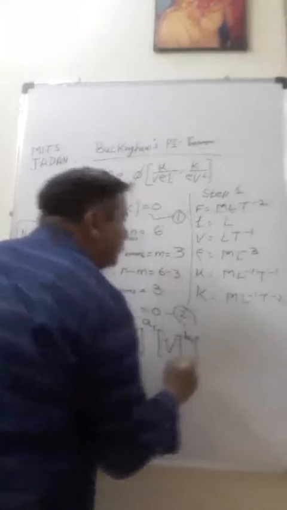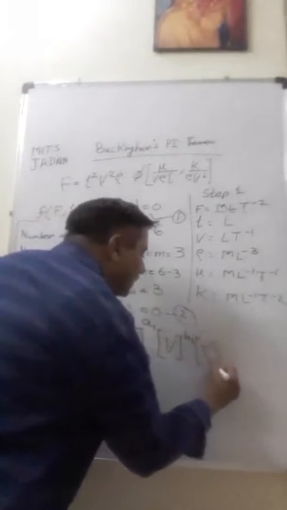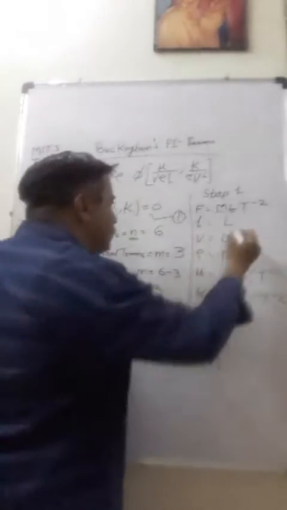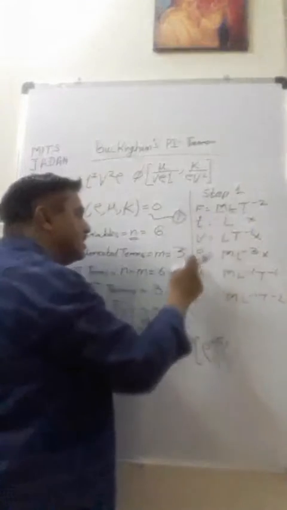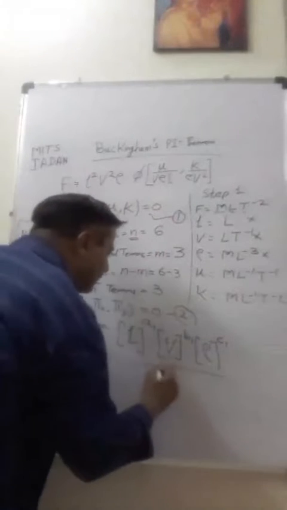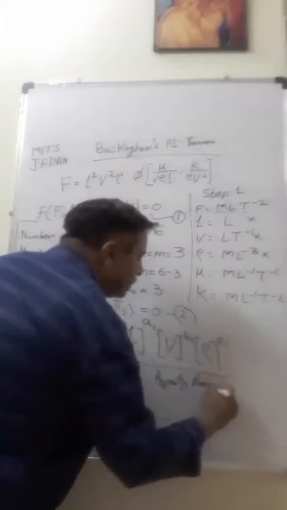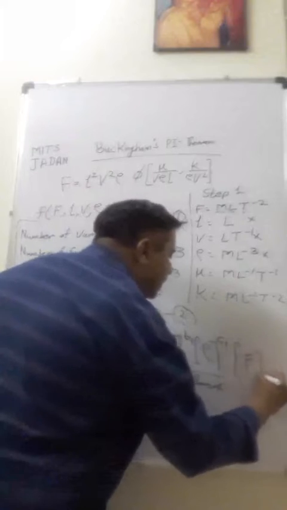Then the third repeating parameter, I am selecting density, rho, because it is a property of fluid, raised to the power C1. And now, since I have already used these, I will have the option of selecting any one out of the remaining three as my non-repeating parameter. These three are the repeating parameters. And now I will select, say, force as the non-repeating parameter.